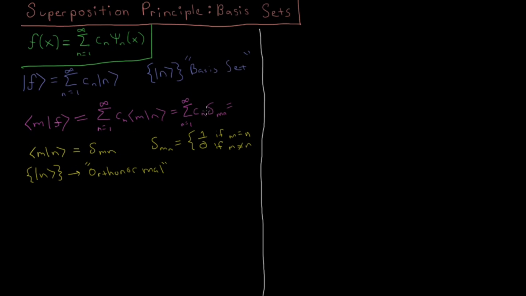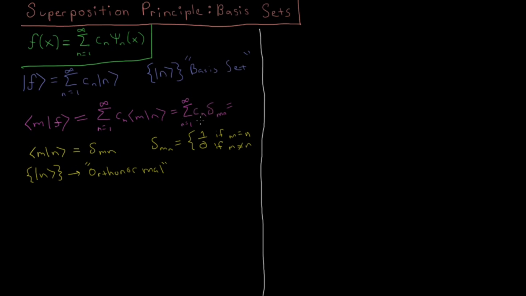And now, for the last part, in this sum from n equals 1 to infinity, for any given m, there's only going to be one case where n equals m. m has a specific numerical value, and maybe it's 5, maybe it's 10, maybe it's 100. But there's only going to be one term in the summation where n equals the same number as m. And whenever it does, it's going to equal 1. So whenever we have Cn times delta mn, we're going to have a 1.